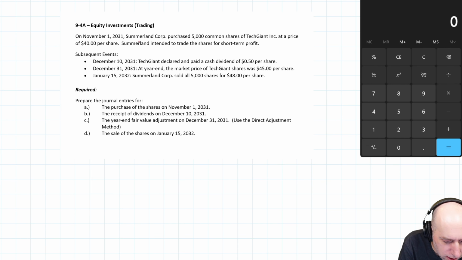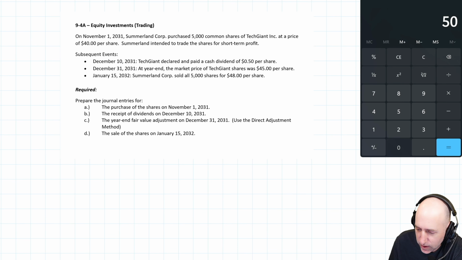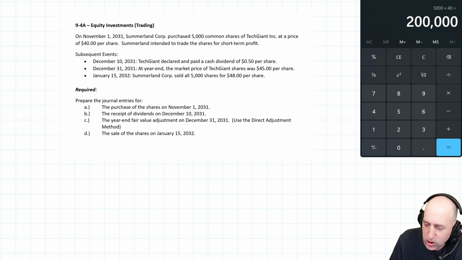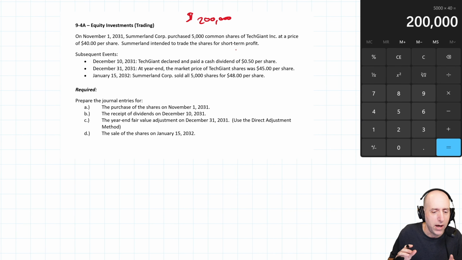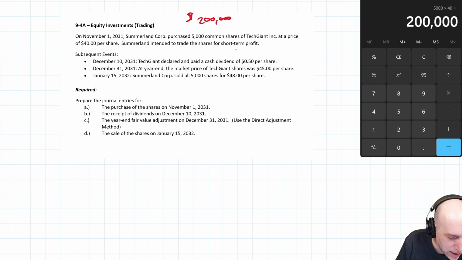On November 1st, 2031, Summerland Corp purchased 5,000 shares of TechGiant Inc. at a price of $40 a share. We spent $200,000 buying those shares. Summerland intended to trade the shares for short-term profit. So again, we account for this just through net income. Stock price goes up or down, we adjust the value to the stock price every financial statement date.